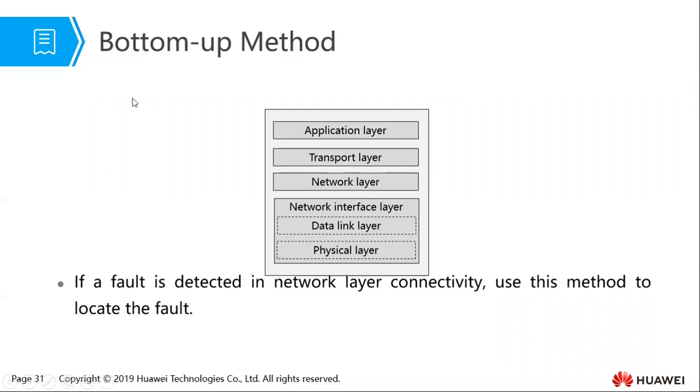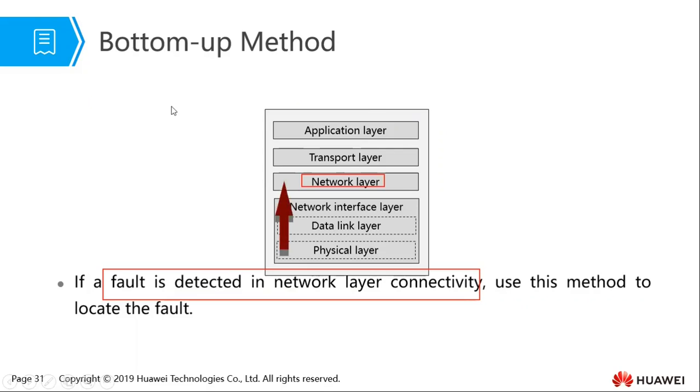On the other hand, the bottom-up approach is used when a fault is detected at the network layer. So you do a ping and you're not able to ping Google. When that happens, please use bottom-up. Begin from the physical layer. Check things like, is the network cable really connected? Or if you're using Wi-Fi, is the Wi-Fi connected?